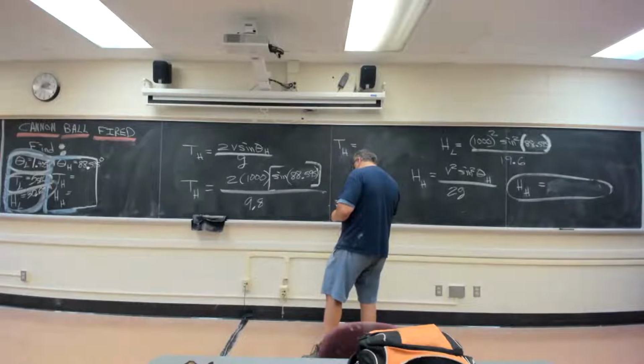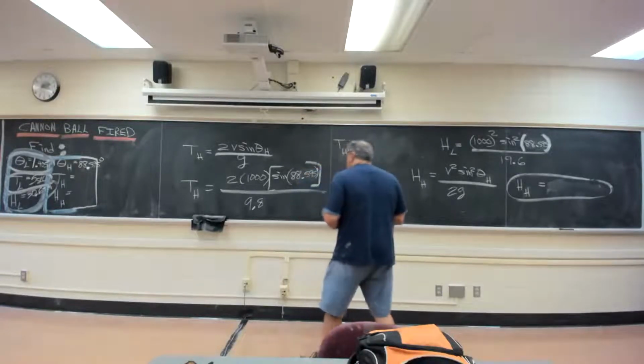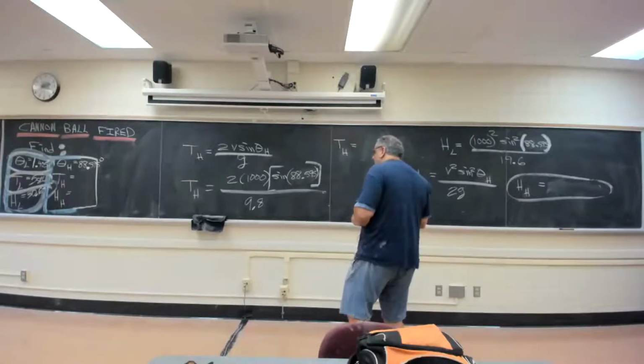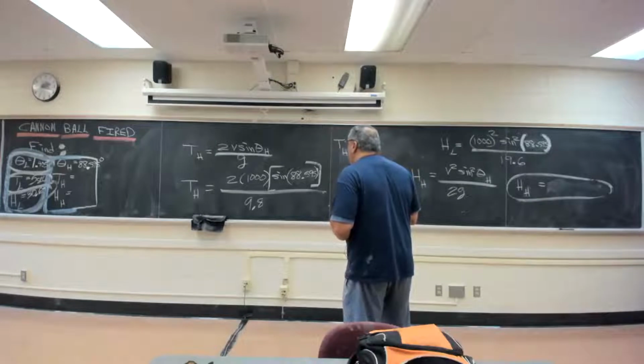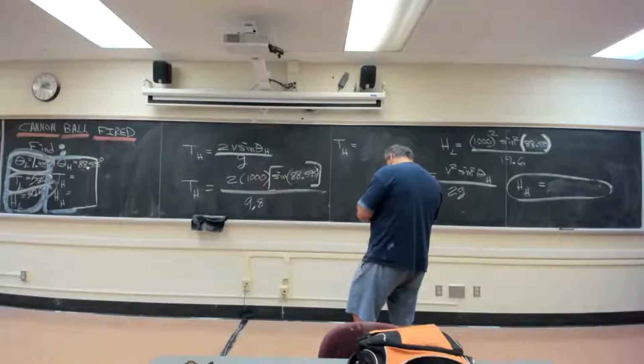The sine of 88.59, and then multiply that by 2 times 1,000, which is 2,000, divided by 9.8.